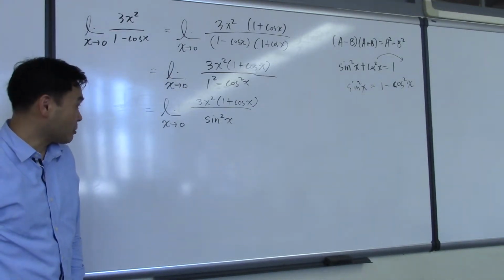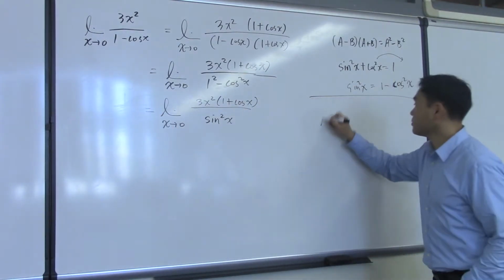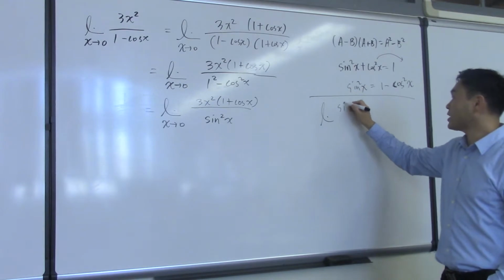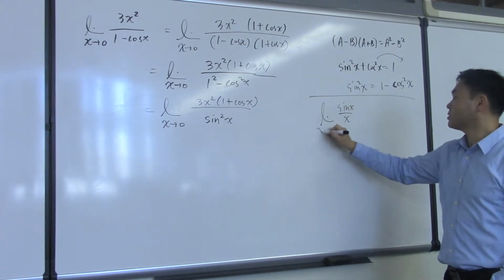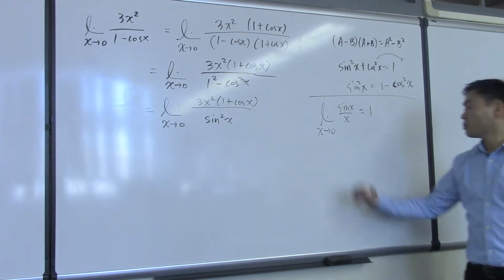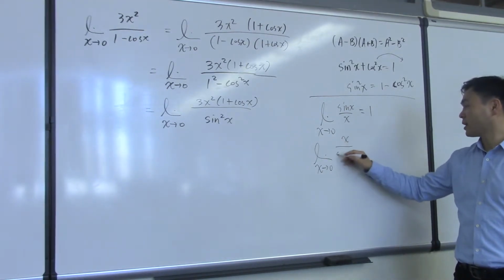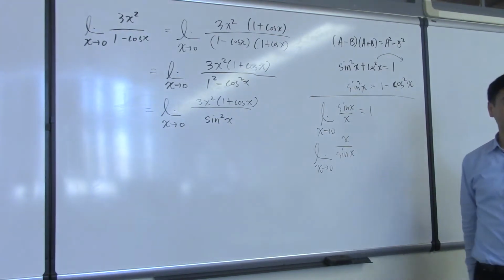So now we have to think about what we can do. Now remember, limit of sine x over x, x going to 0 is equal to 1, right? So what would then be x over sine x where x goes to 0?